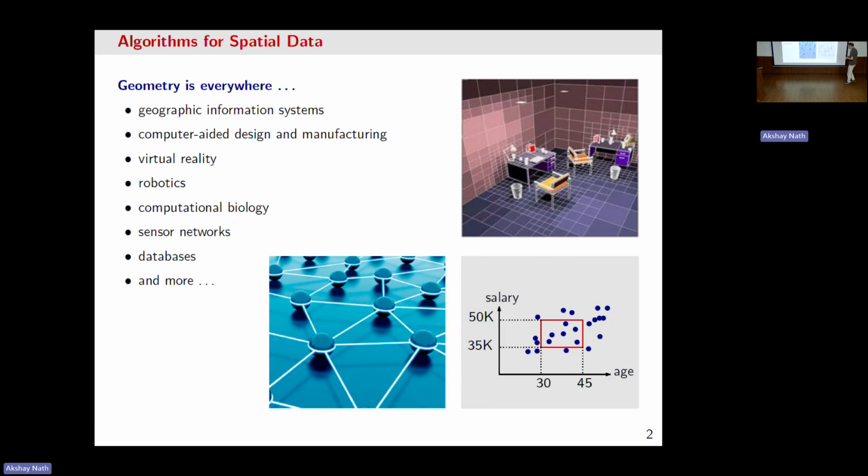Okay, so let me start by briefly motivating the whole area of computational geometry. Right, so I guess, as you know, geometry is everywhere. We live in a 3-dimensional world. So as soon as you want to model, let's say, this lecture hall or anything else, you get 3-dimensional data, you get objects in 3-dimensional space.